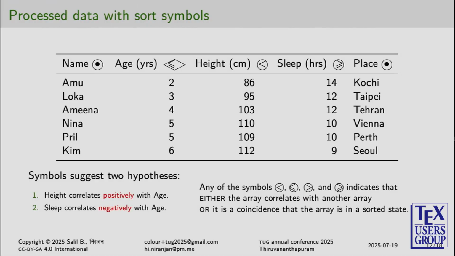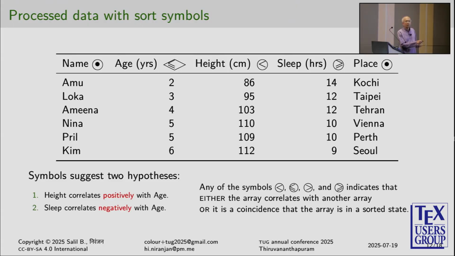Yeah, thanks for pointing this out. I was wondering why that error occurred. Now I know why it occurred. Because it doesn't take into consideration, it just looks at this 5 and 5, and Nina and Prill appear in this fashion. They could have appeared in the other fashion as well. So what we'll have to do, while we sort this, if there is an equal, like 5 and 5, is decide whether it should go 110, 109 or the other way.